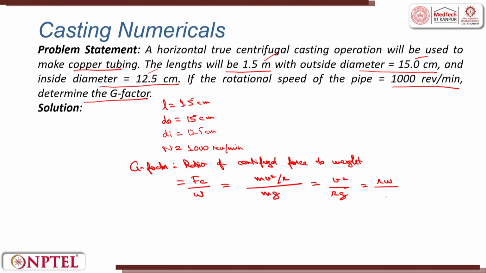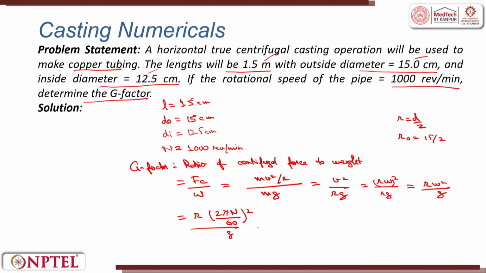This gives me r omega square by rg, and this turns down finally to r omega square by g, which means my G factor now is r omega square by g. I will put it as r into (2 pi N by 60) square by g, and here essentially r is equal to d by 2. We are talking about the outside diameter, therefore, r outside is equal to 15 by 2.